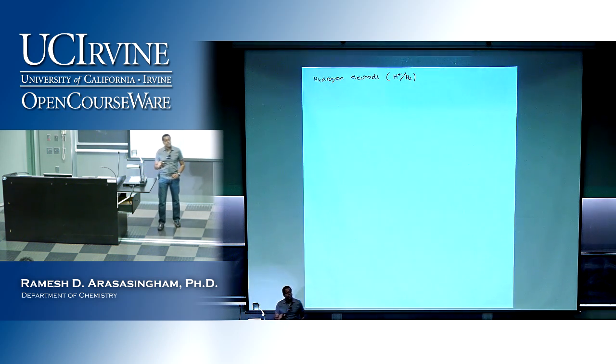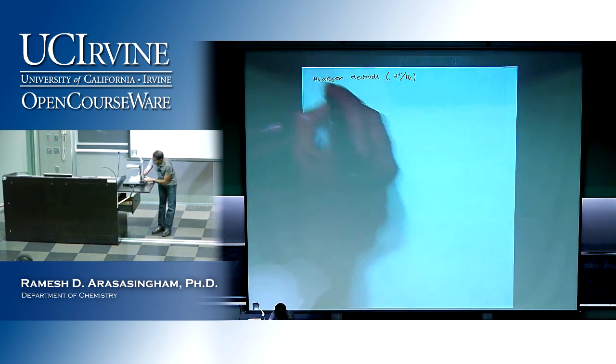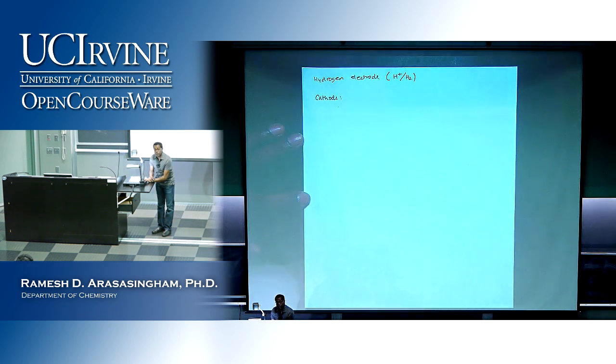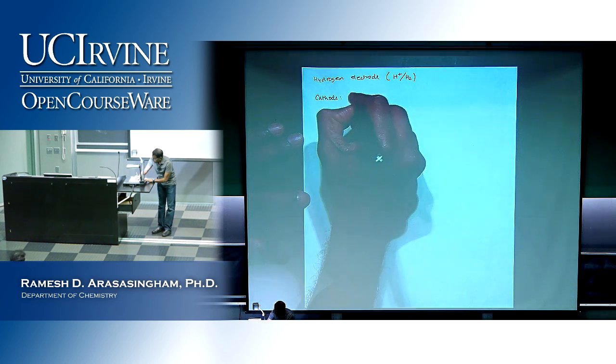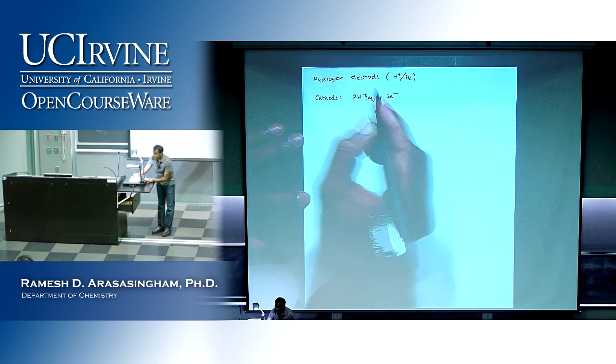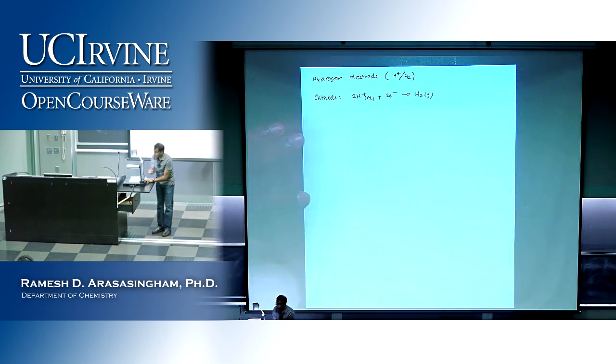Sorry, this is the redox couple that describes the hydrogen electrode. Now the hydrogen electrode could be a cathode. Remember, if it's the cathode, it is the site of the reduction. So you would have 2H plus aqueous plus 2 electrons, giving you H2 gas.